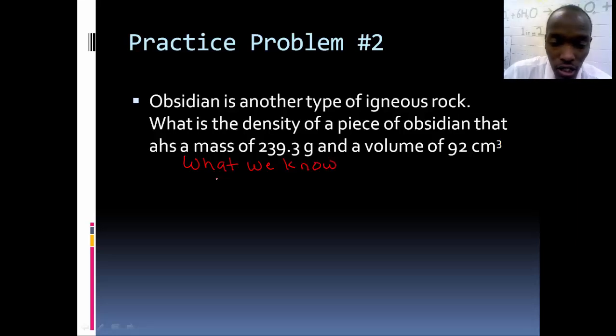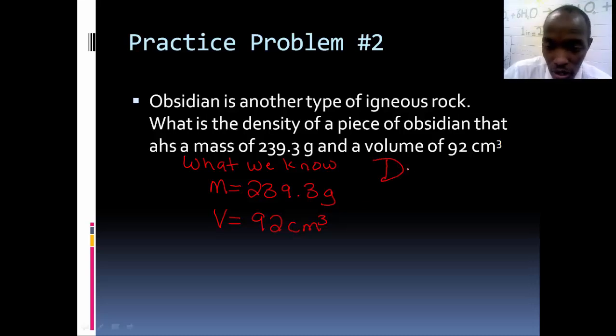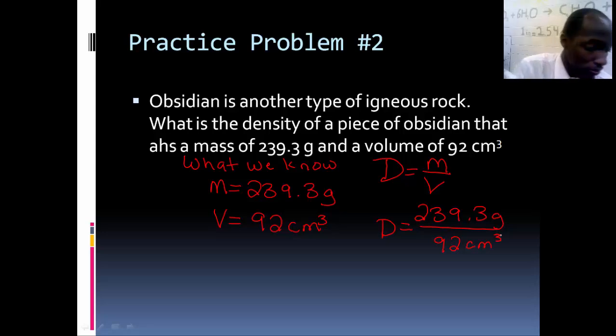So what we already know, we know that the mass is equal to 239.3 grams. The volume is equal to 92 cubic centimeters. And we're trying to find out the density. And we know the density formula is M over V. Density is equal to 239.3 grams over 92 cubic centimeters.